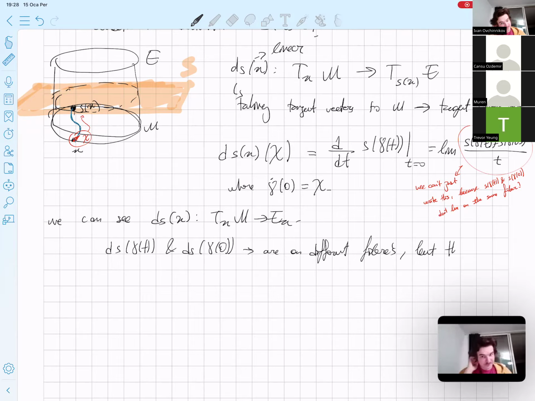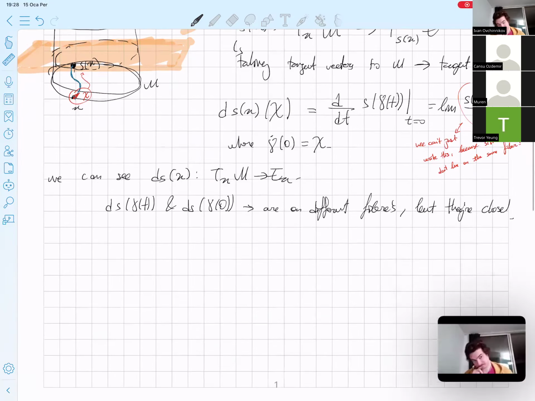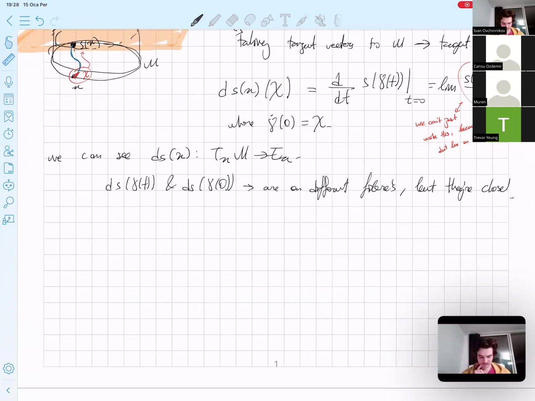Because these fibers are really close, and this is a nice bundle that we can work with, it's not just a random product where the fibers go unconnected. So since this is a fiber bundle, and these guys are actually close, we can somehow find a connection between them.